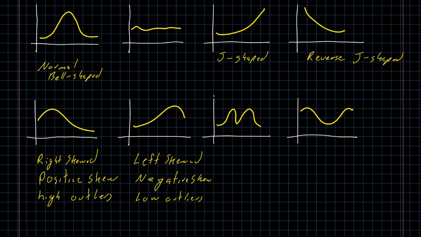Take the left skewed data and drag that tail out so far that it becomes a completely descending or completely ascending, I guess, set of data. And to talk about that, we can call it J-shaped, we can call it reverse J-shaped. If you still referred to these as being right skewed or left skewed, you wouldn't be wrong, but we can be a little bit more specific.